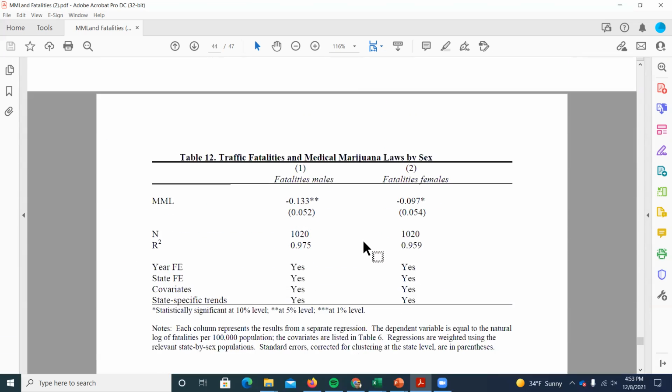And then they break it down, males and females. Looks like males are a little bit more sensitive, right? It's reducing traffic fatalities involving males a little bit more than it is with traffic fatalities with females. Okay. So I thought it was kind of a fun example. It's pretty easy. They don't do anything outside of these state-specific time trends.